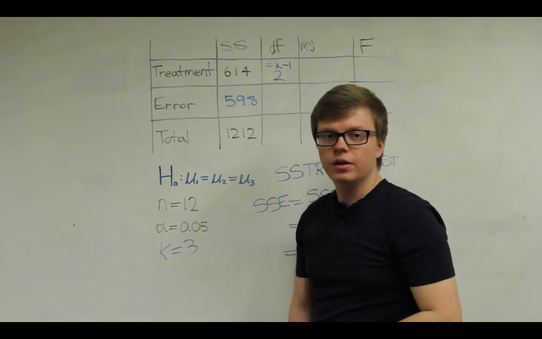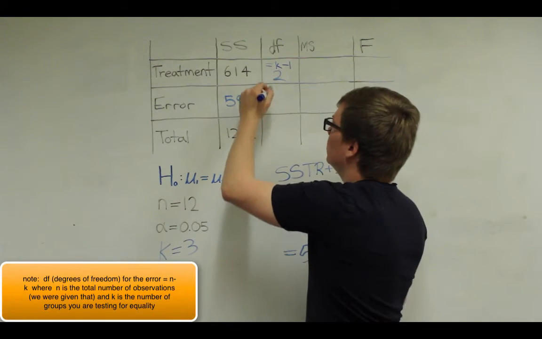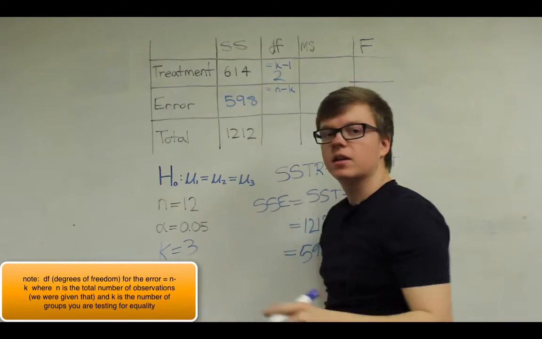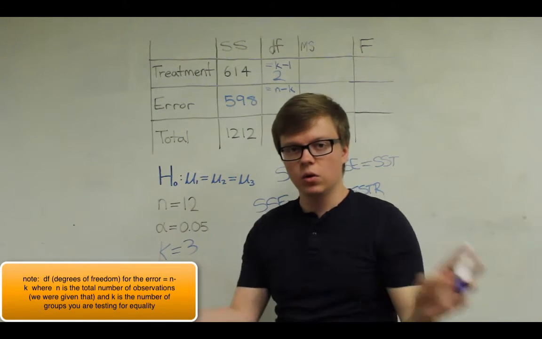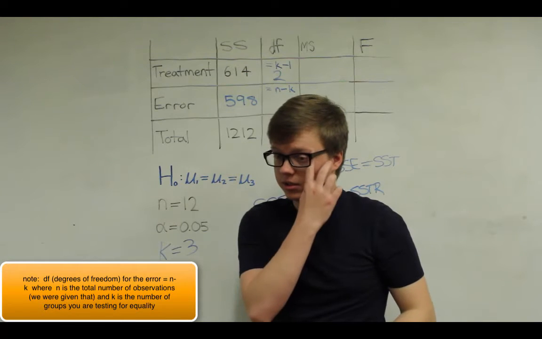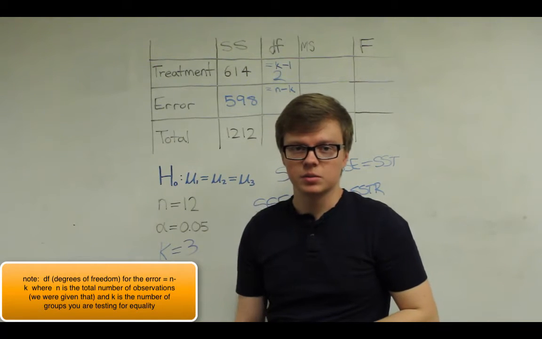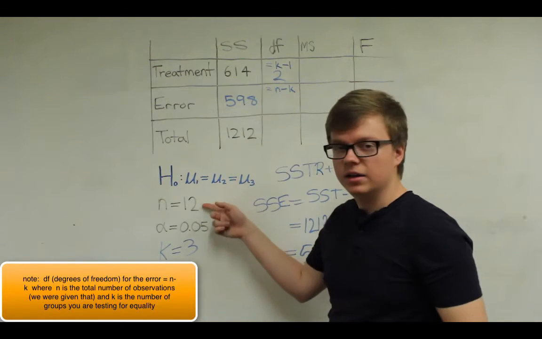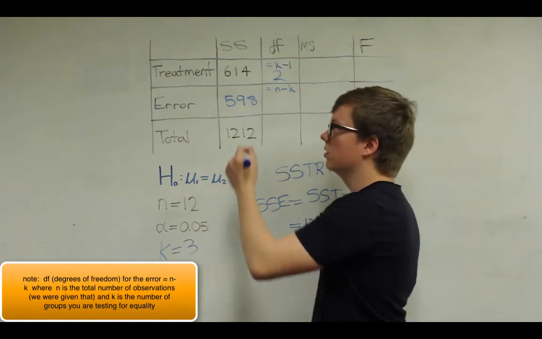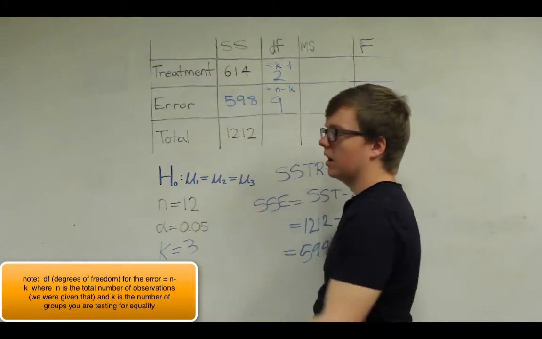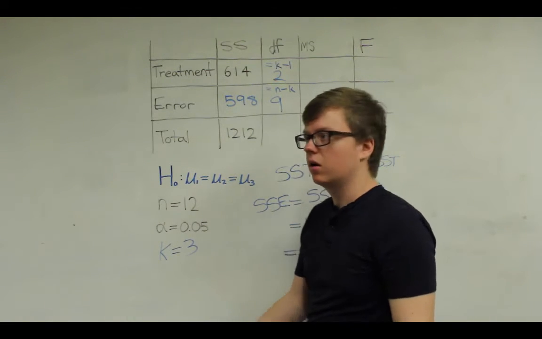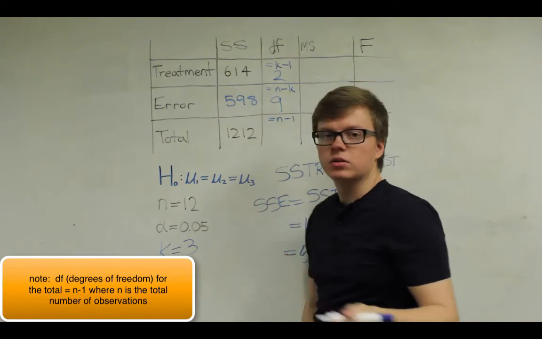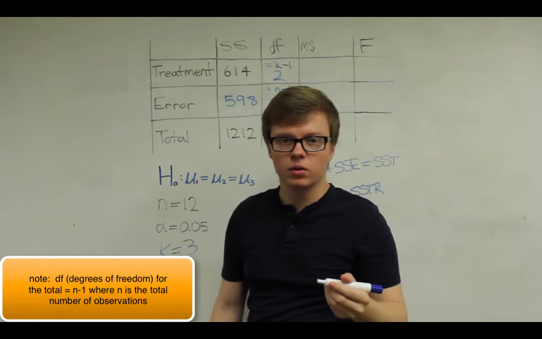The degrees of freedom due to error is n minus k, and by n I mean the total number of observations, not just the number of observations within a specific group. So we have n is 12, k is 3, so our degrees of freedom error is 9. And then our total degrees of freedom, which may look the most familiar, is equal to n minus 1.